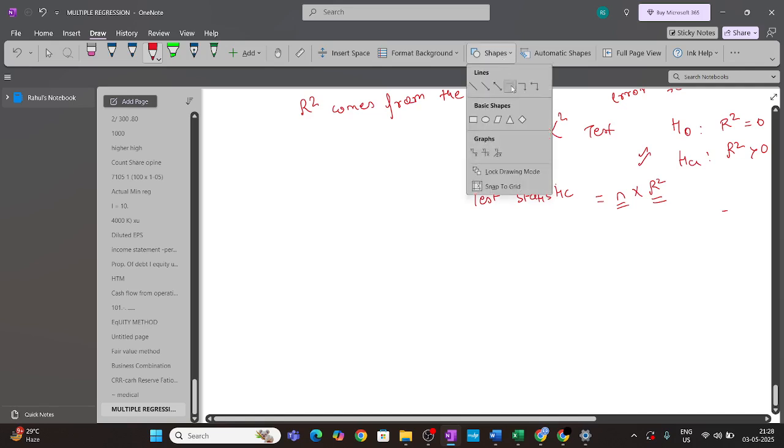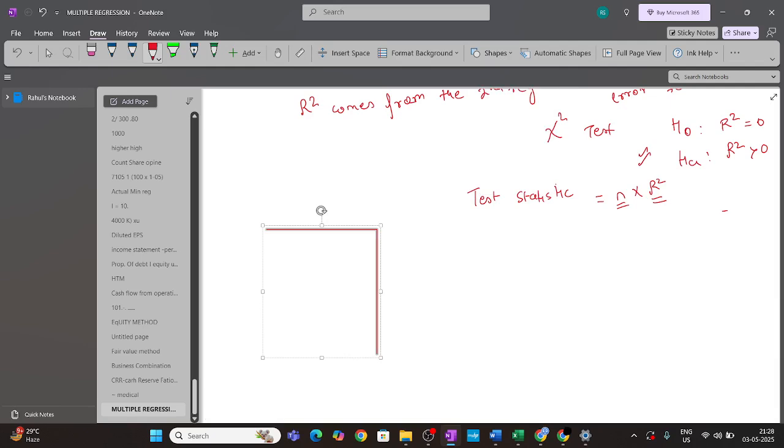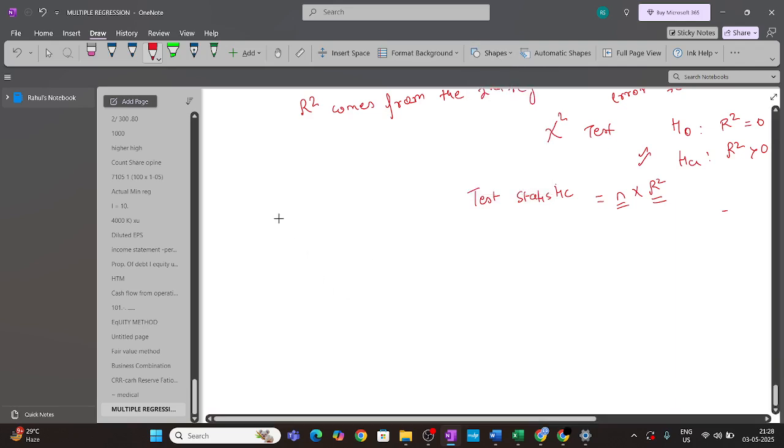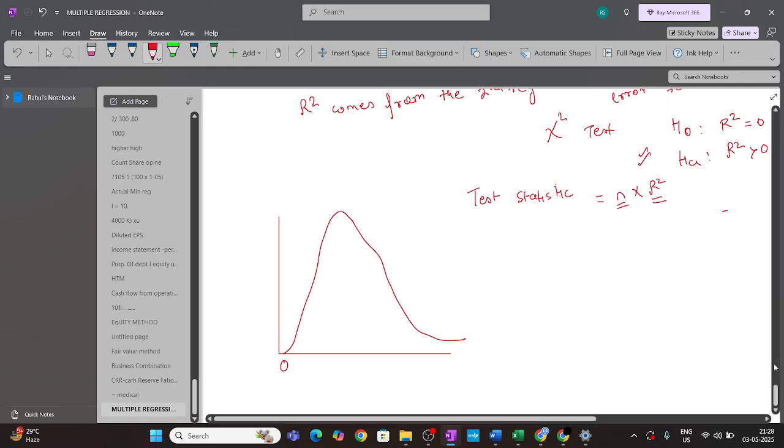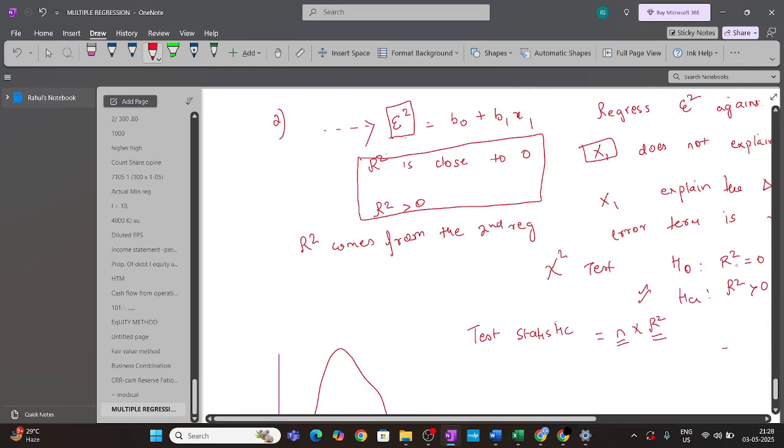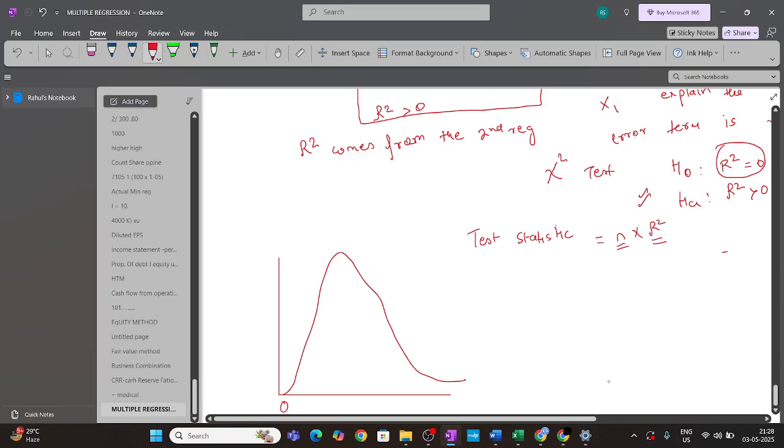तो वही जो सुबह बात हुई थी. ये chi-square distribution है, bounded by 0 on the left. So even though the null has an equal to sign, we never test the left tail because the left tail is close to 0. We always test the right tail, right? So we put the entire level of significance in the right tail and calculate the chi-square critical value.